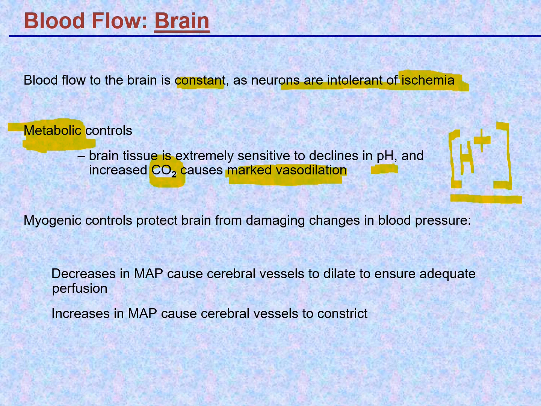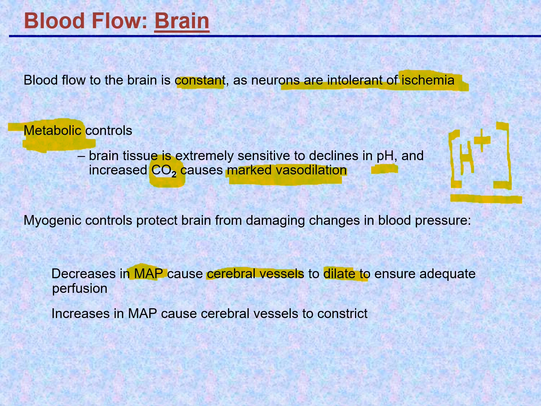There are also myogenic controls that protect the brain from any damaging shifts in blood pressure. A decrease in overall mean arterial pressure will trigger the blood vessels that supply the brain to dilate. They'll vasodilate to ensure adequate perfusion.